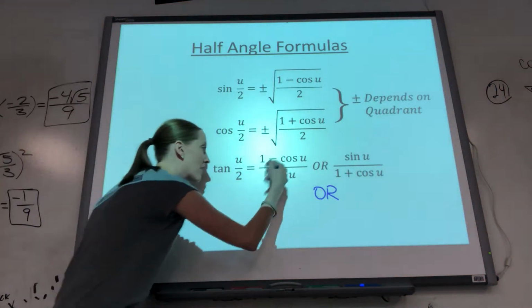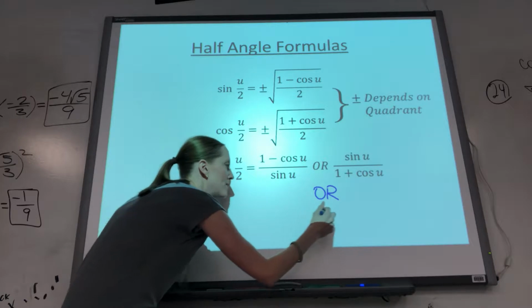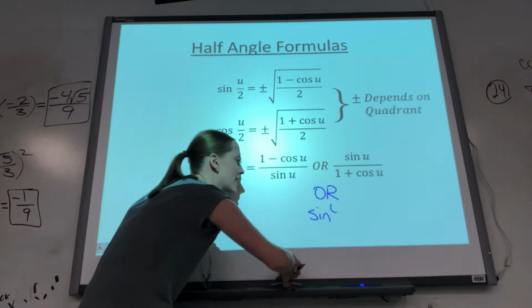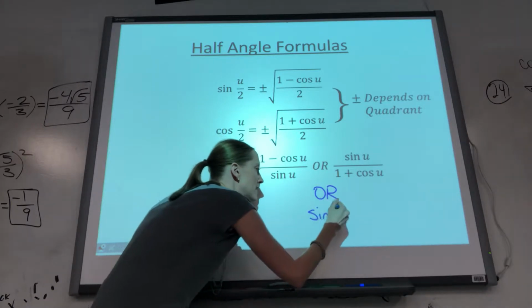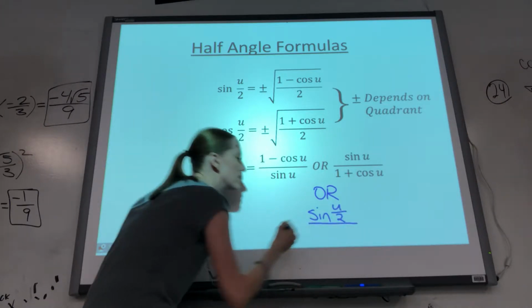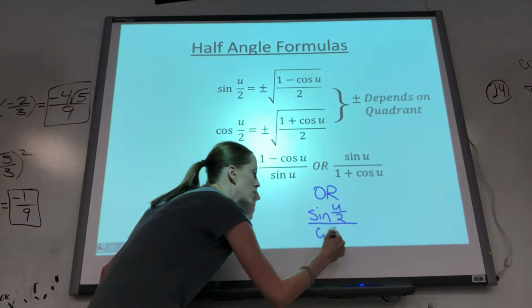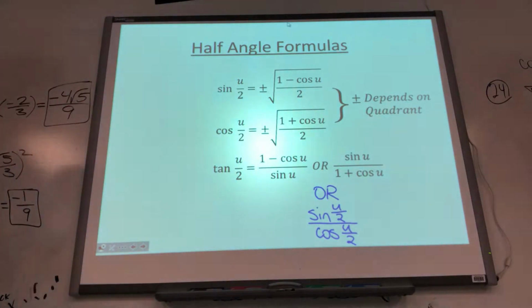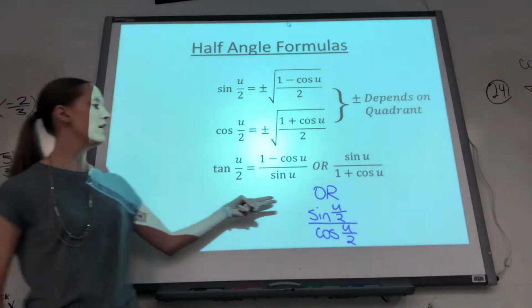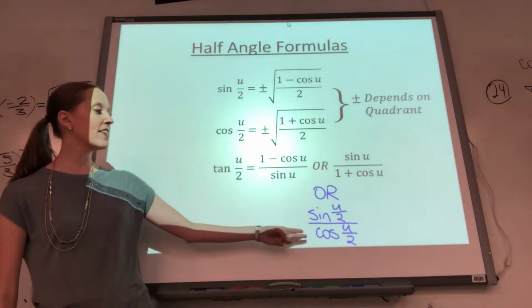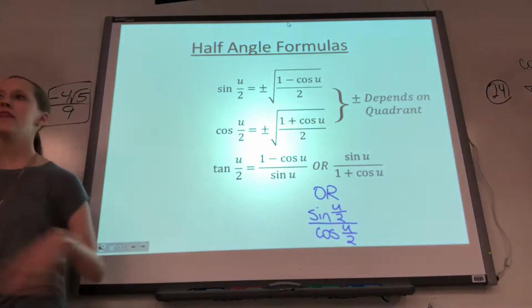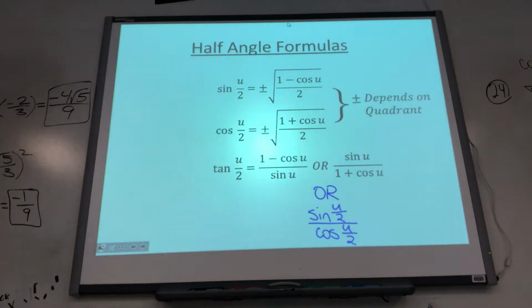And so another way to solve this would be to take sine of u divided by 2 all over cosine of u divided by 2. If you already know the answer to this part and the answer to that part, then you might as well just keep change flip, and then that would give you back tangent.